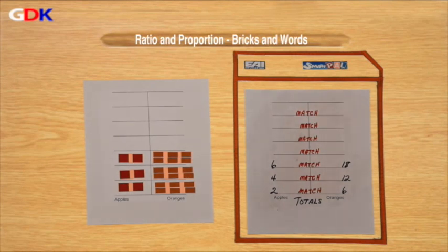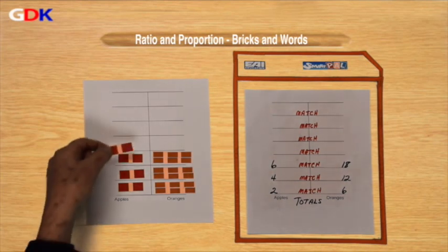Now let's look at a problem. What we want to do is develop a set of 14 apples, and find out how many oranges we need to be shared out unequally to match those 14 apples. So we're going to create our set of 14 apples.